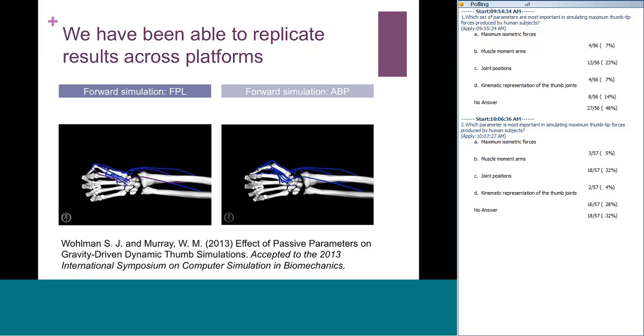So Sarah's in the process of replicating her SIM results in OpenSim, but basically we're using the same model, and what we expect is to be able to get the same results, but to understand things like the dynamics of what happens when muscles generate forces and motion occurs. So I hope that helps clarify that question.